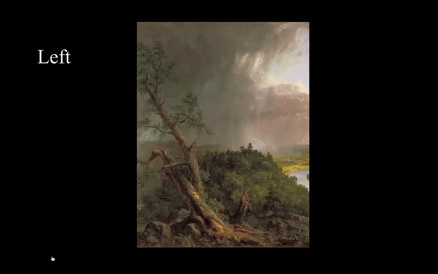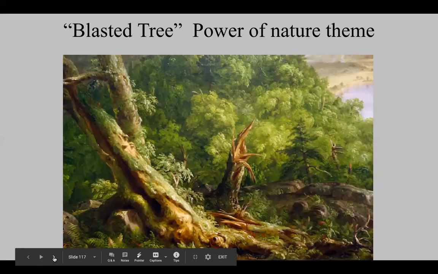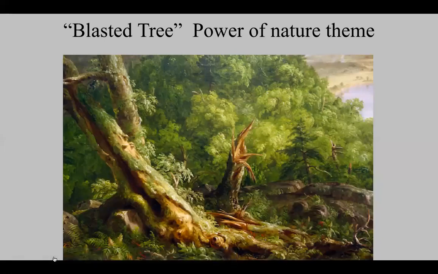So often people view this as the rugged West. Thinking about the American frontier, often people see this as symbolic of the American frontier on the left, which would be in the western part of the United States. We have a blasted tree on the left side, and this is a symbol of the power of nature.